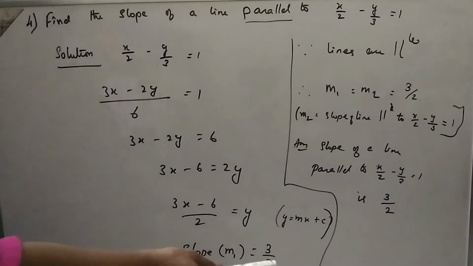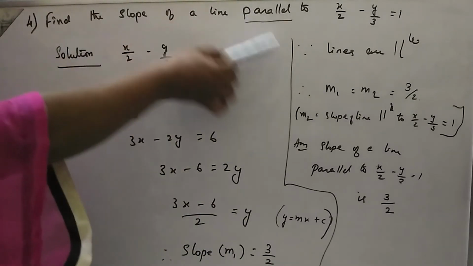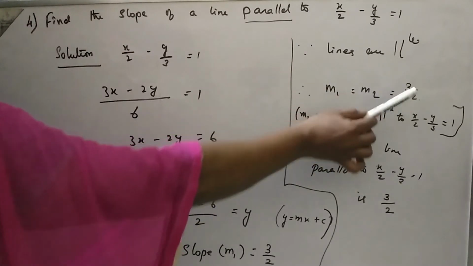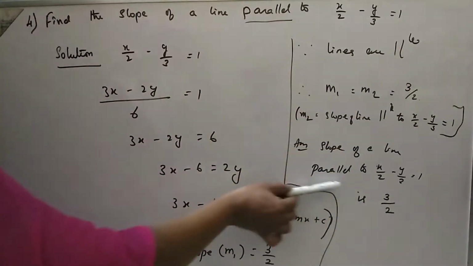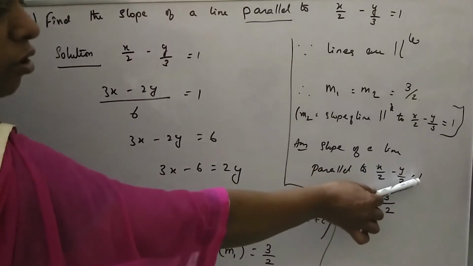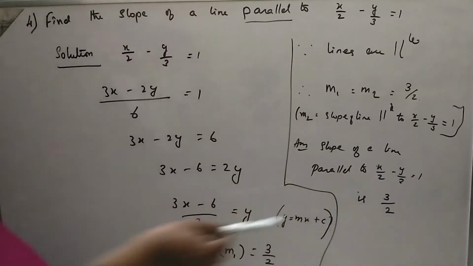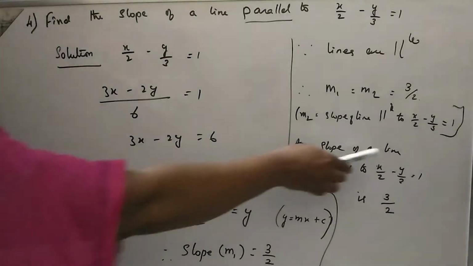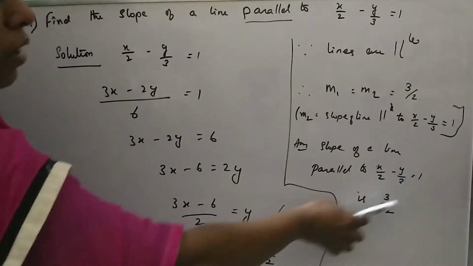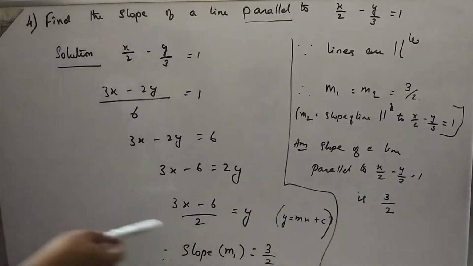Okay, here lines are parallel. Therefore, m1 is equal to m2, that is 3 upon 2. So, slope of a line parallel to x upon 2 minus y upon 3 is equal to 1 is 3 upon 2. Okay.